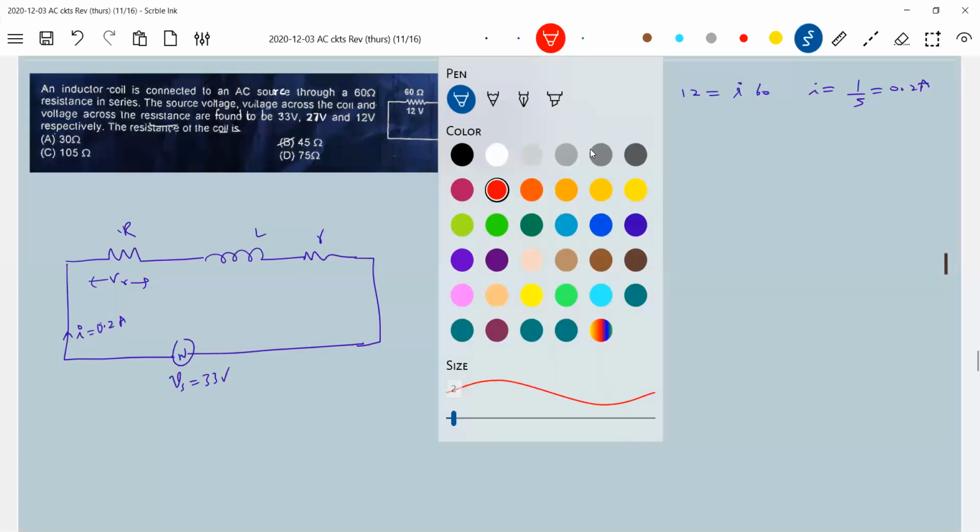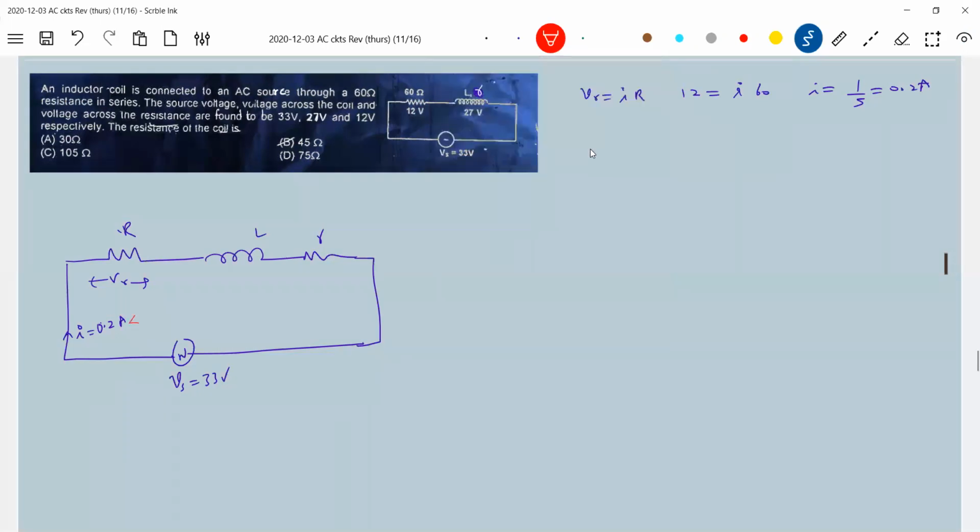I think these are some things which you have to take care of here. Let's draw the vector diagram. Let's see if there is any help from the vector diagram. So there's the direction of current.